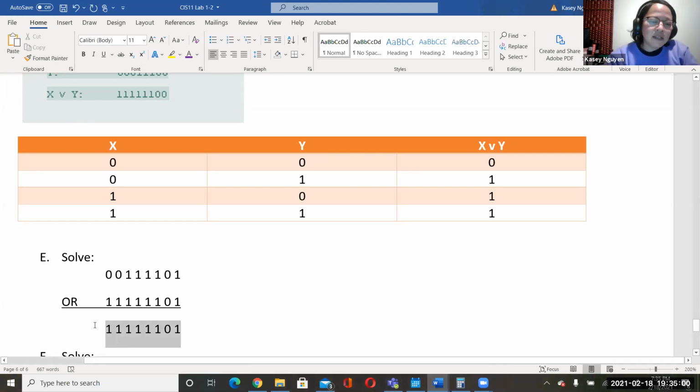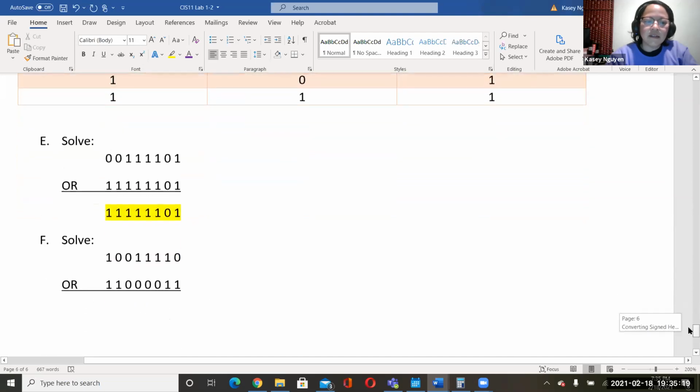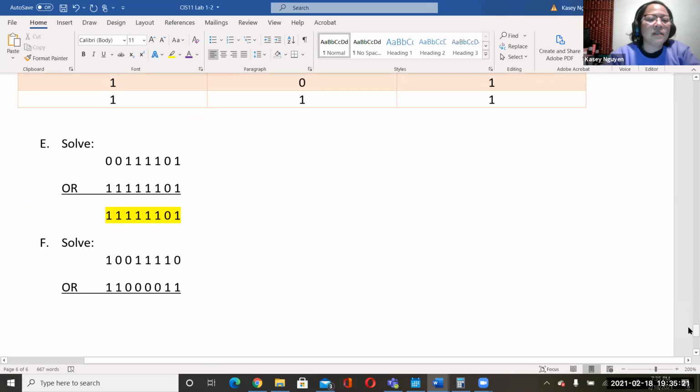So when you notice, if you do this one, you would see that when we have this and we OR this, we get the same value. And then you can solve for the next one. So using the OR operator, anytime that you have a 1, it's a 1. When you use the AND operator, anytime you have a 0, it's a 0.